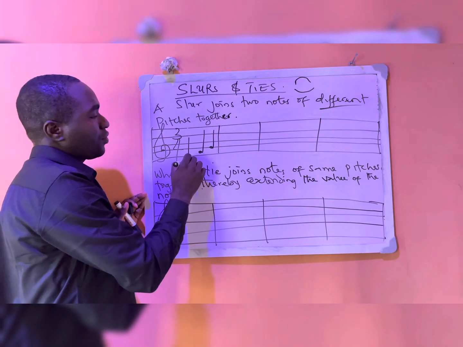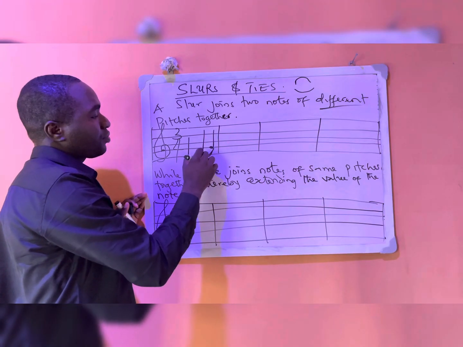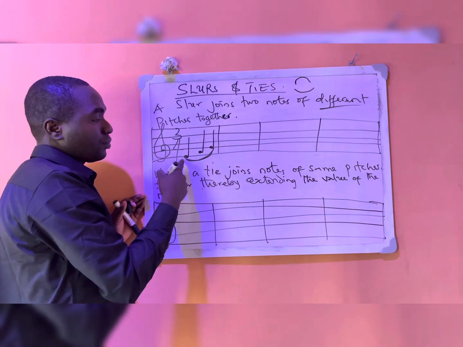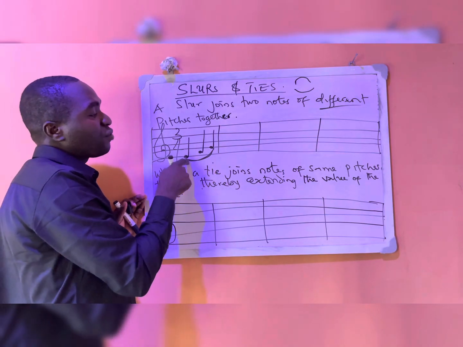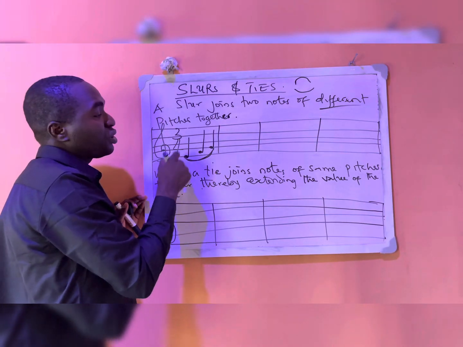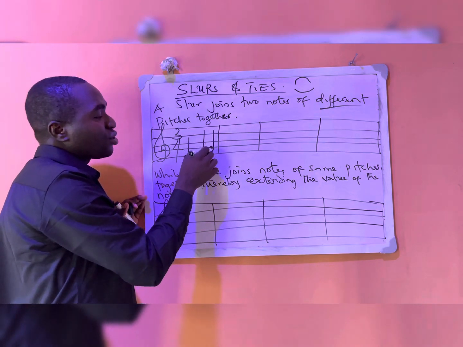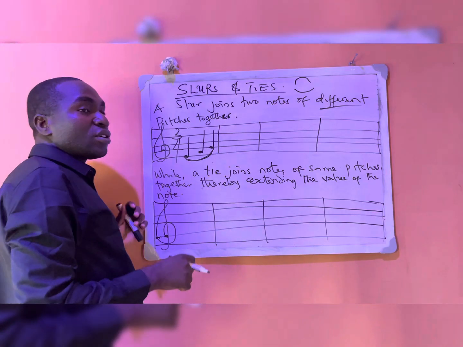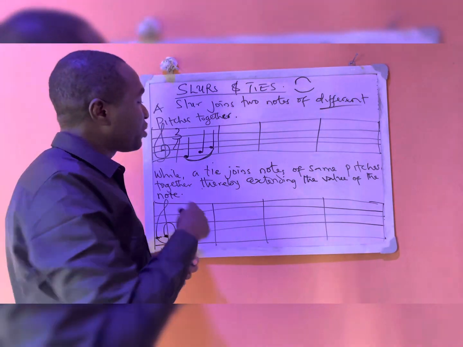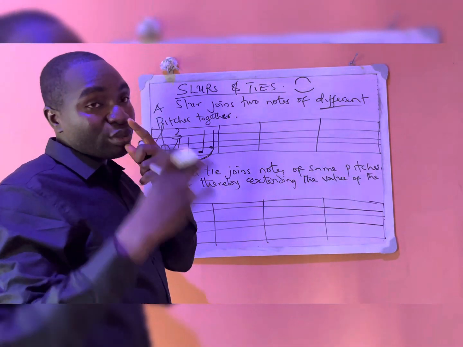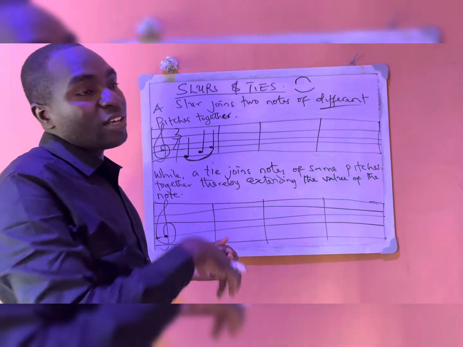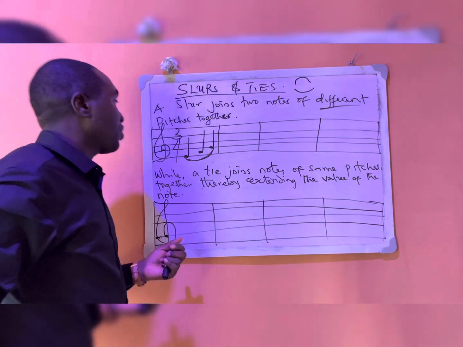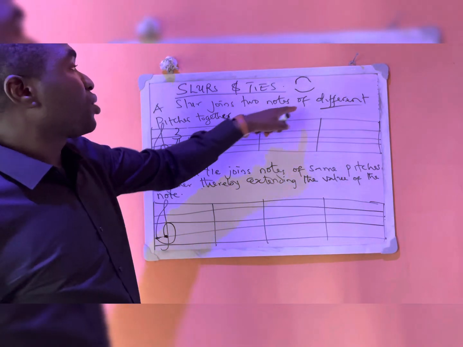So when you have a curve joining these 3 notes together, this is mi, fa, sol, going by the key of the song. So we have mi, fa, sol, mi, fa, sol. So you see a curve joining them together. This is a slur. For those of us playing instruments, you play them under one breath. That's for those of us blowing. And if you are playing violin, you play these 3 notes with one stroke. So that's what we refer to as a slur.